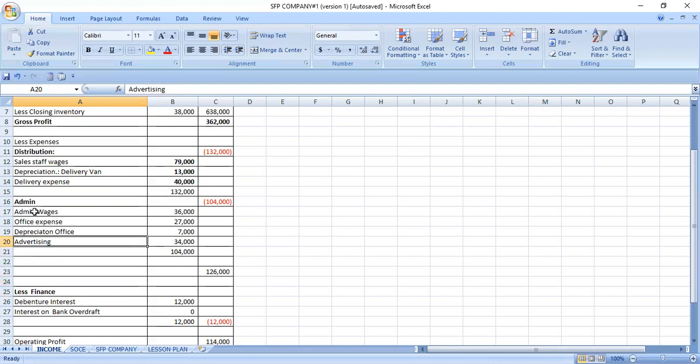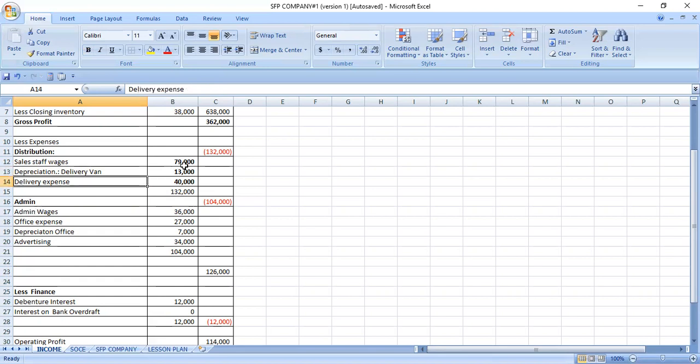So you are supposed to be in a position to group your expenses into distribution, admin, then finance costs. Under distribution, we've got sales staff wages.